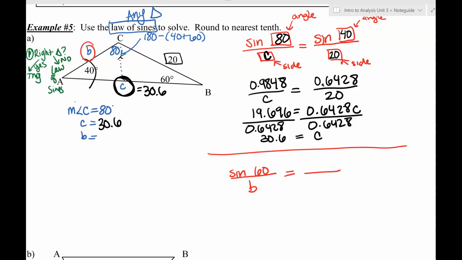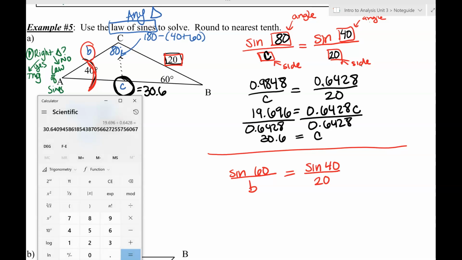Then I want another equation where all the numbers are filled in. So I'm going to go back to relying on the fact that that 40-degree angle is across from that side length of 20. And I'm going to do sine 40 over 20. And then I'm going to go ahead, turn these into decimals. I'm going to cross multiply and solve.